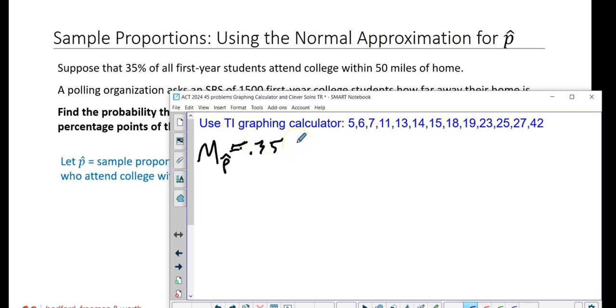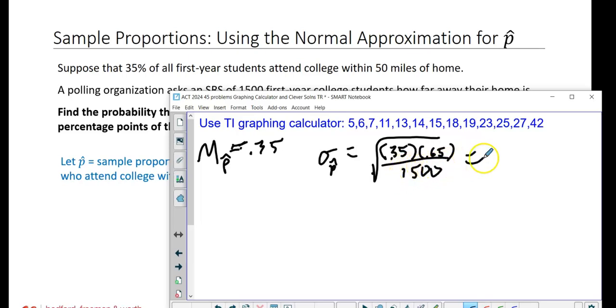The standard deviation of p hat is going to be the square root of pq, so 0.35 times q, which is 0.65, all divided by n, which was 1500. It should give you your answer for that one.